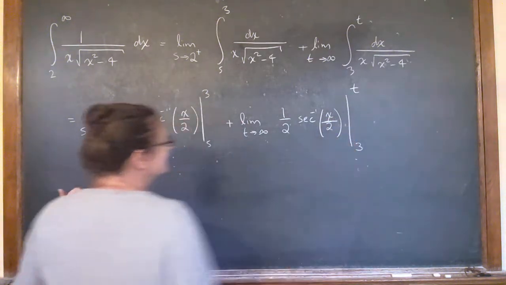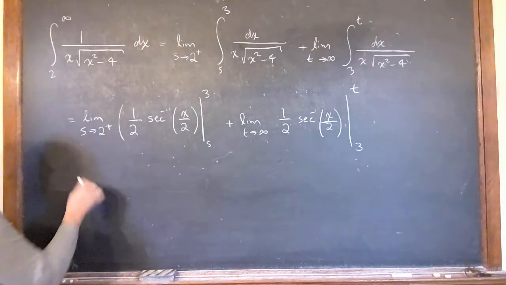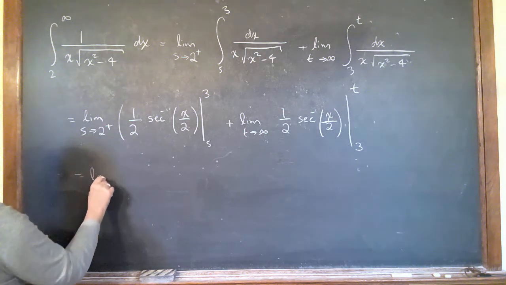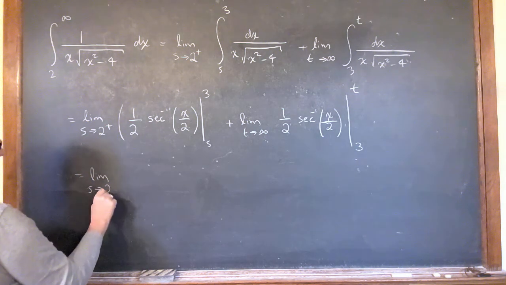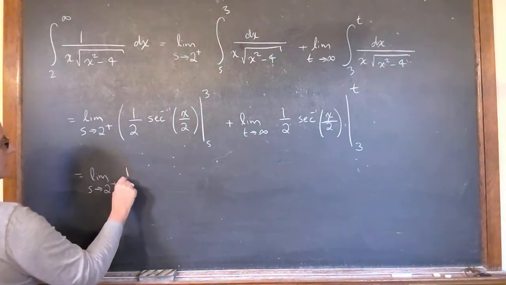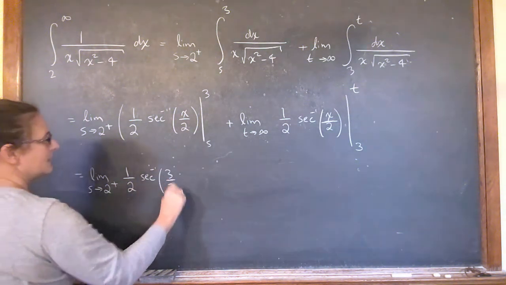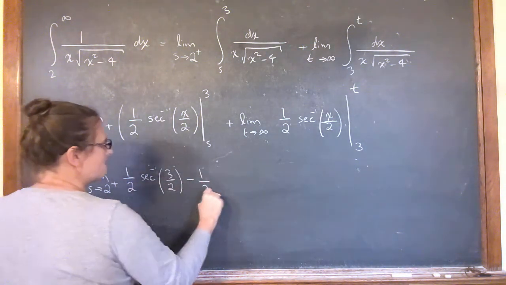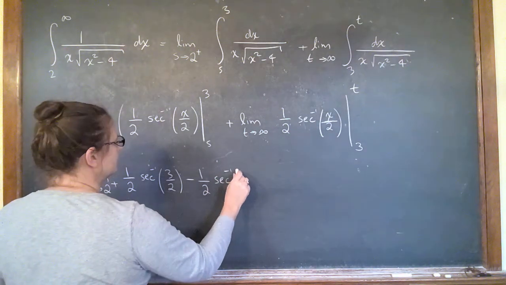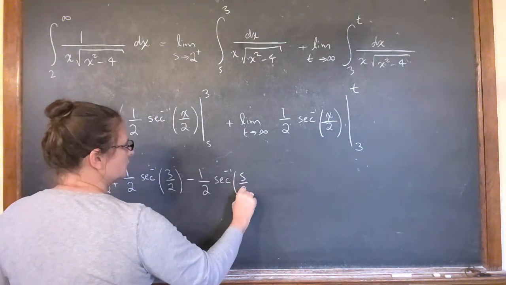Okay, that got lost, we didn't want that. So now what I have is the limit as s goes to 2 from the right of inverse secant of 3/2 minus 1/2 inverse secant of s over 2.